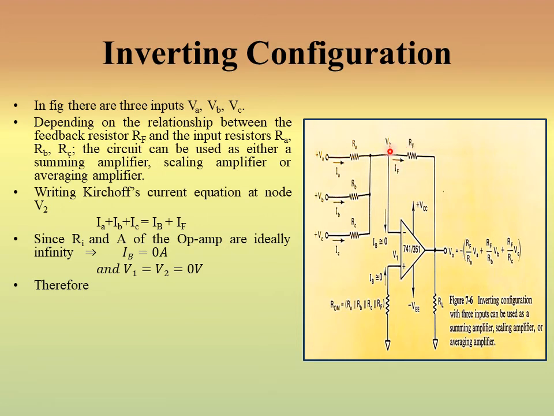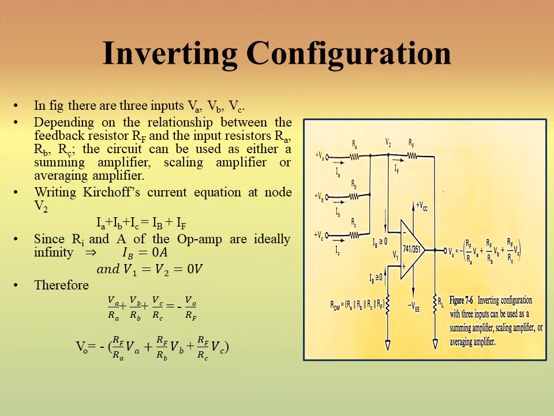Because V2 is 0, this will be simply minus V0 upon RF. Now we'll place all these values. So we get the following equation. Now we'll calculate V0. So we get V0 in this way. So this is the equation of the output voltage that we can obtain from this circuit as shown in the figure.